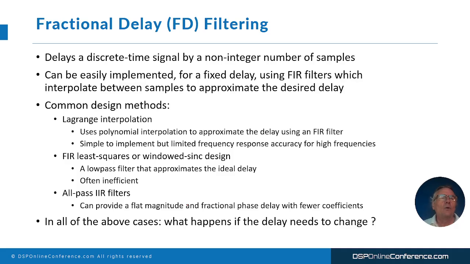All of these algorithms listed so far use finite impulse response filters, but we can also use infinite impulse response filters. Now, these are all very well if you have a fixed delay that you need to implement for your application. But the question arises, what happens if the delay needs to change during your application execution? And that's where the Farrow structure comes in.